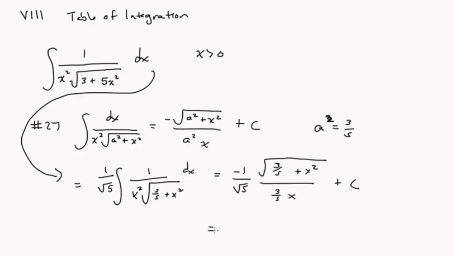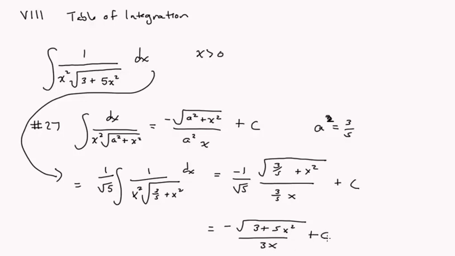Now that does end up simplifying nicely to be negative square root of 3 plus 5x squared over 3x plus c.